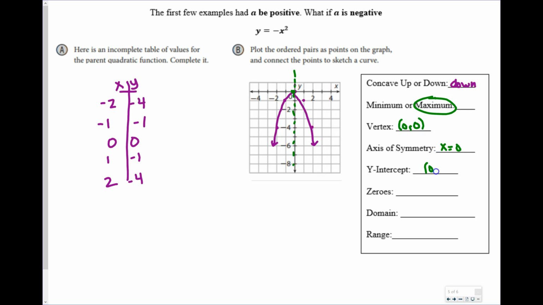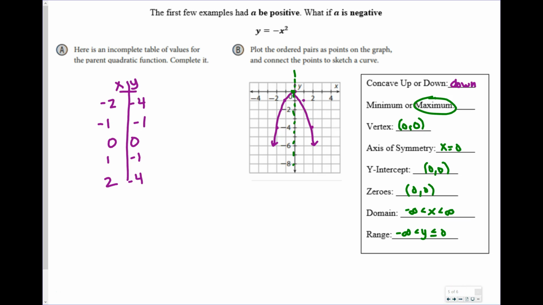Your y-intercept is still 0, 0, and your x-intercept is still 0, 0. Domain stays the same. I'm still going all the way left to infinity and all the way right to infinity. But now my range is different. Now my range goes down forever, but it stops at 0. So these are properties of your negative parent function.